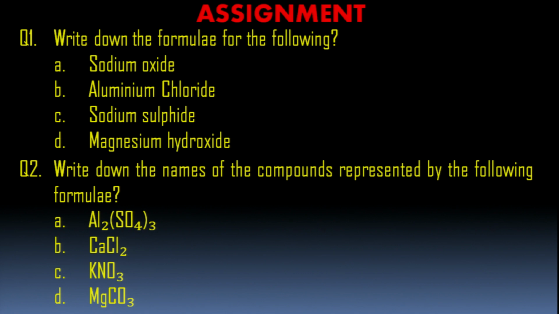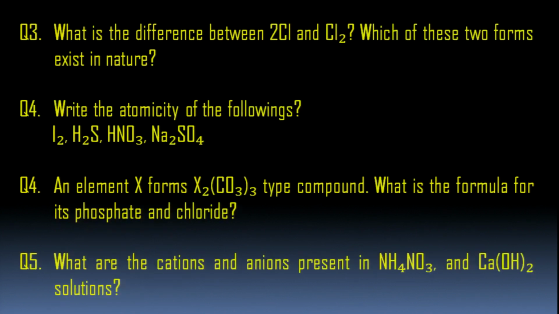Okay? The screen is open for you all. You can write it down. Question number 2. Write down the names of the compounds represented by the following formulae: Al2(SO4)3, CaCl2, KNO3, MgCO3. Okay? Next question.